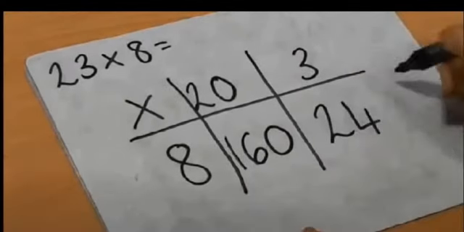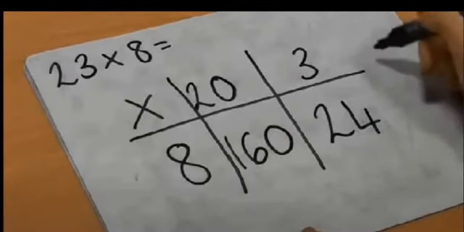24. The answers for each multiplication calculation, that is 160 and 24, then need to be added to find the final answer. So now I'm going to use the column method to do addition of 160 and 24.